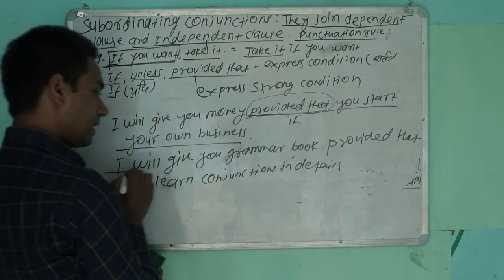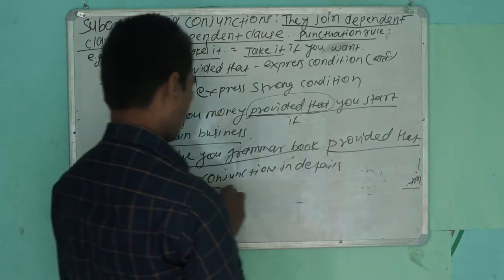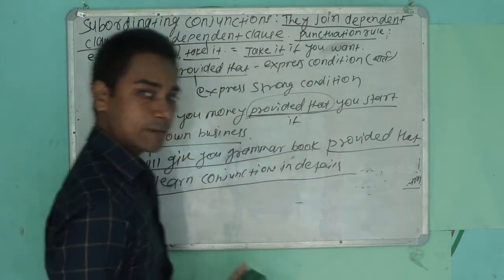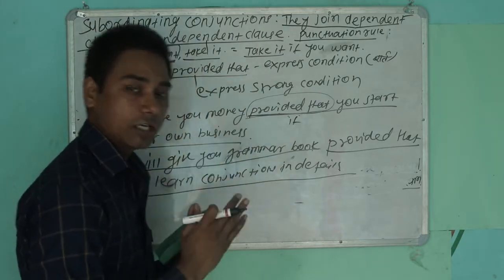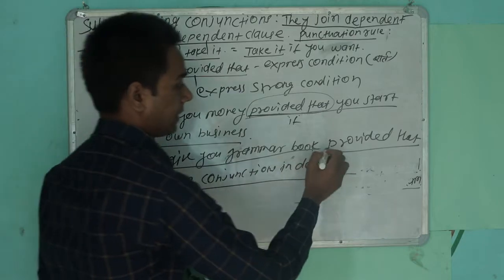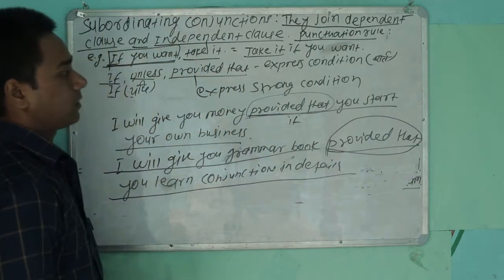Look, I will give you grammar book provided that you learn conjunctions in details. Here also there is a strong condition. Yeah? Provided that expresses a strong condition here also.